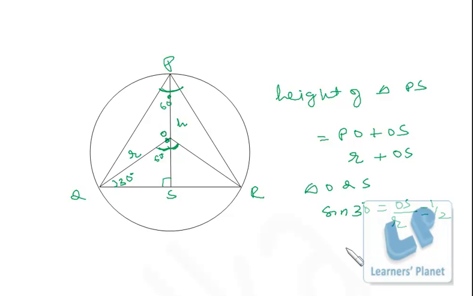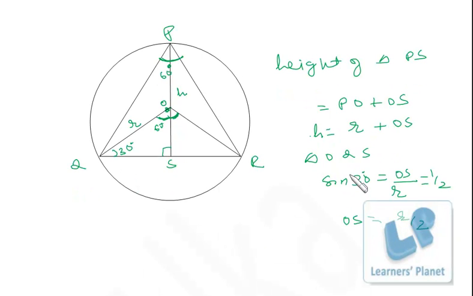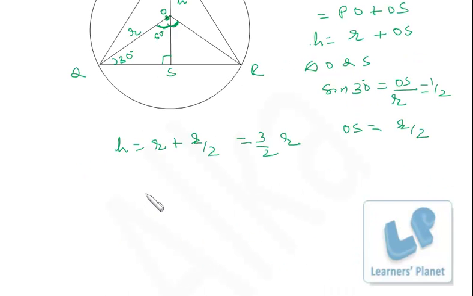So precisely OS is equal to R by 2. So height H is equal to, we just put the value of OS over here. H is equal to R plus OS, which is R by 2. So it is 3/2 R, or we can say R is equal to 2 by 3 h. Here R is circumradius. Be careful about it.